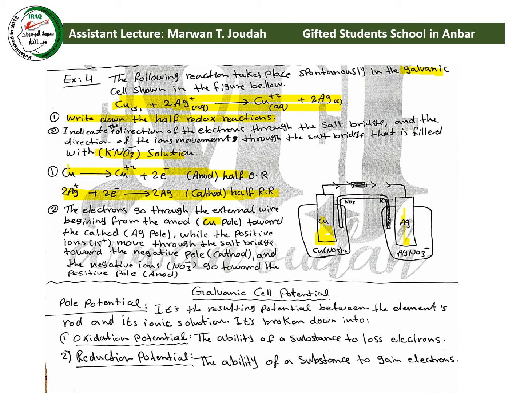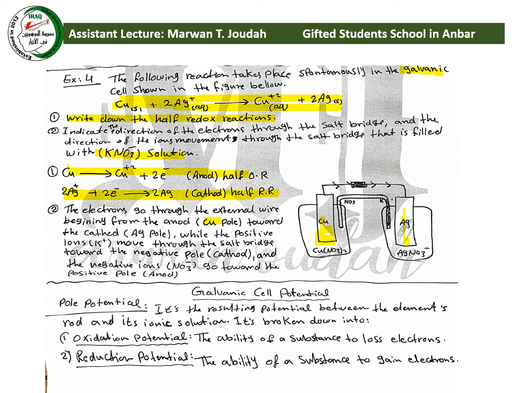Meanwhile, the positive ions, the potassium, move through the salt bridge toward the negative pole, which is the cathode, and the negative ions, NO3, go toward the positive pole, which is the anode.